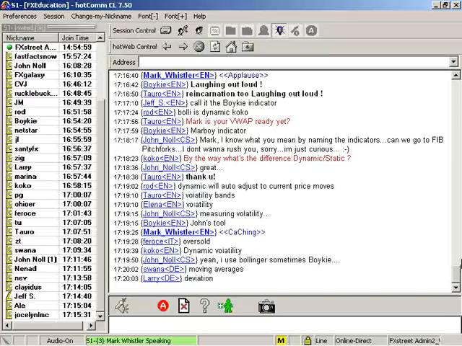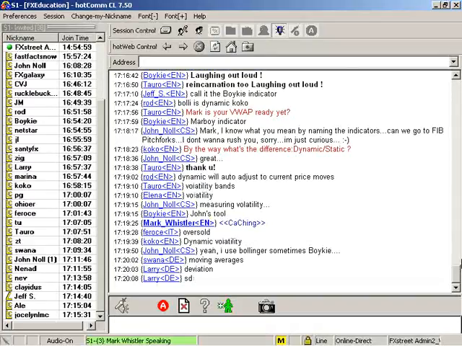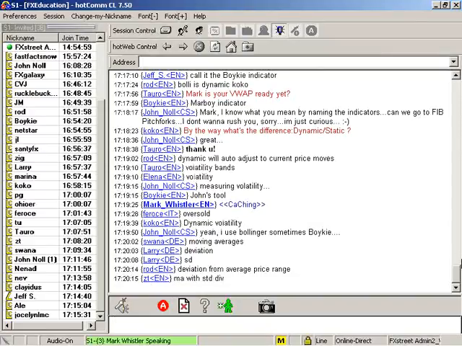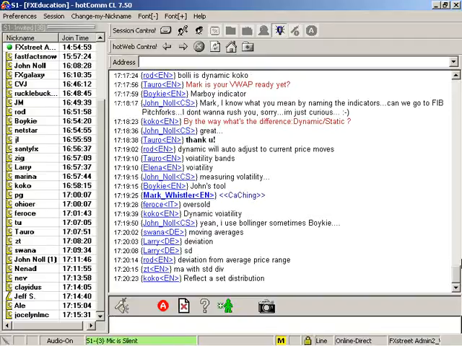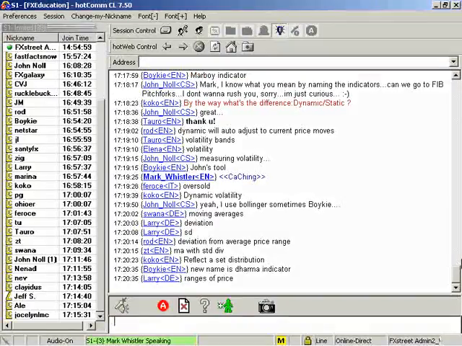Moving averages. Okay, Swana, you're on the right track, and Larry, you're on the right track too. If you combine everything that we just said, volatility, deviation, and standard deviation, what are you really talking about? Any thoughts on that?